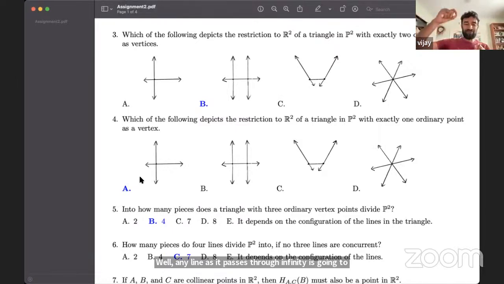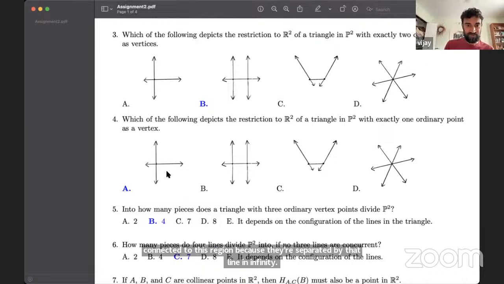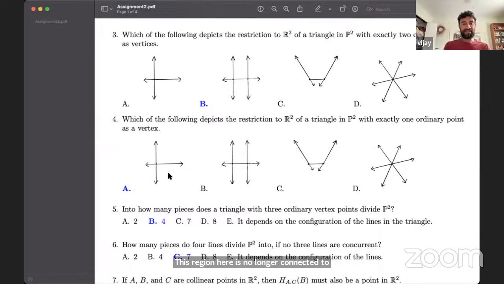So it's always going to go from one region to another when it passes through infinity. So now all these 4 regions are distinct. This region is no longer connected to this region because they're separated by that line at infinity. This region here is no longer connected to this region here because they're separated by that line at infinity. So all 4 of these quadrants are separate regions now.